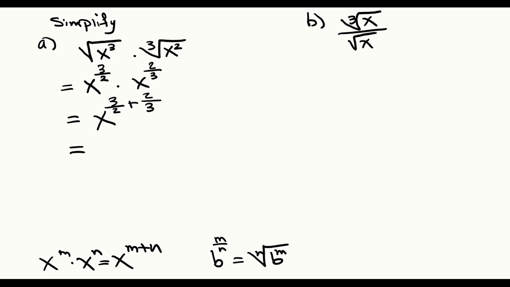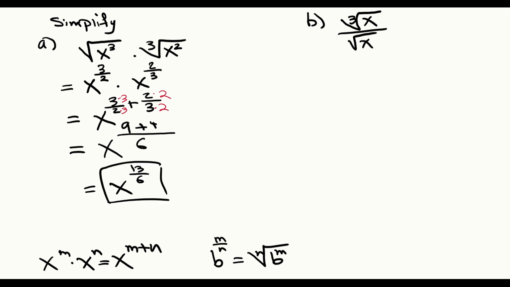And here we know that we have to combine those two fractions. So we're going to multiply by 3 here and by 2 here. So we end up with 9 plus 4, or the final answer, x to the 13/6.